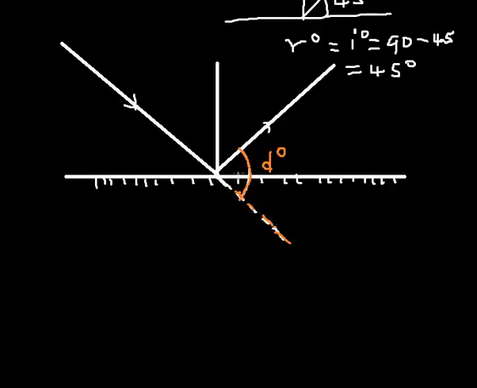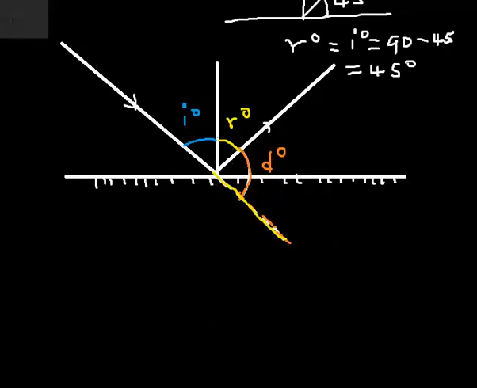So the question is, how will I be able to calculate this angle of deviation? Of course, you know already that this is the angle of incidence, and this, let me use another color, is the angle of reflection. All these angles, incidence, reflection, and deviation, form a straight line. They are all angles in a straight line, as you can see here.